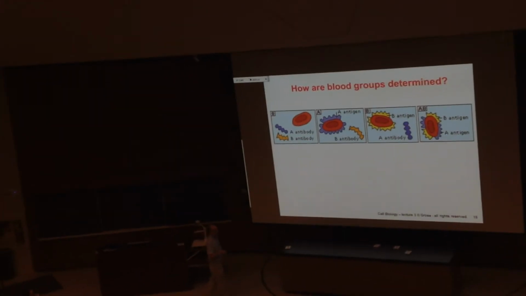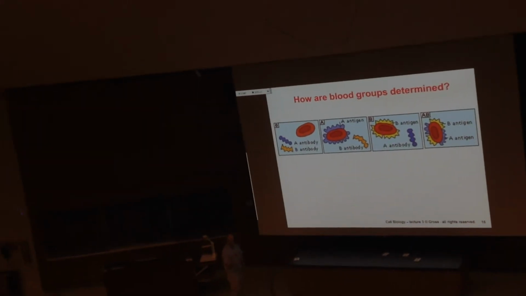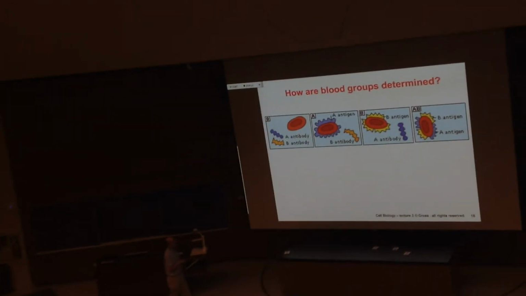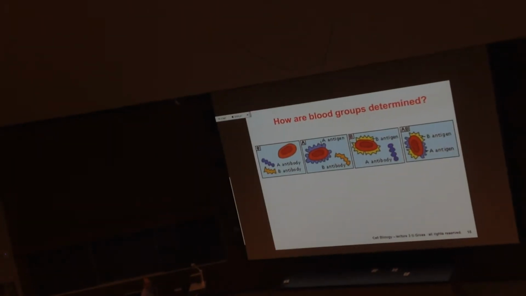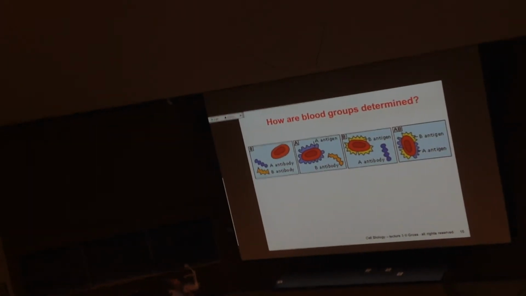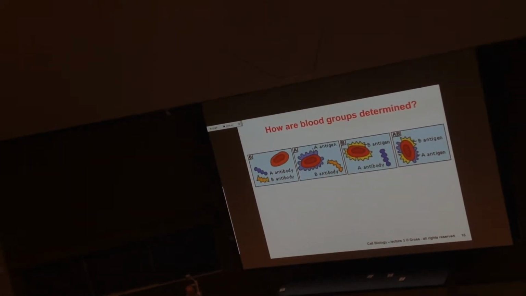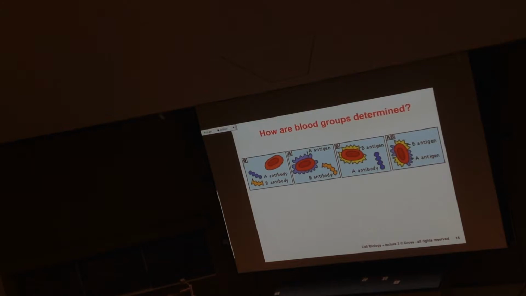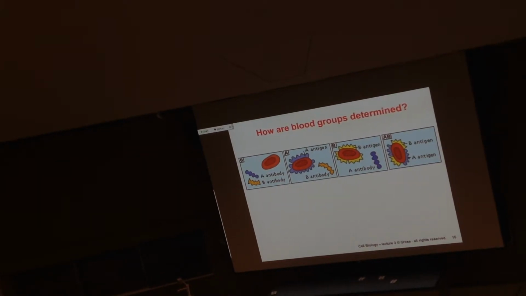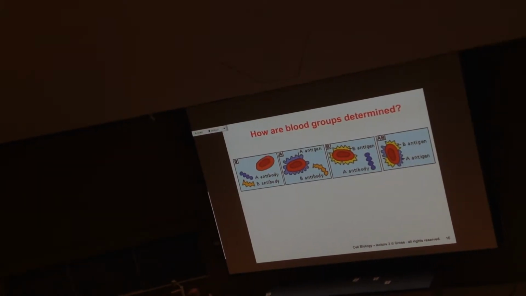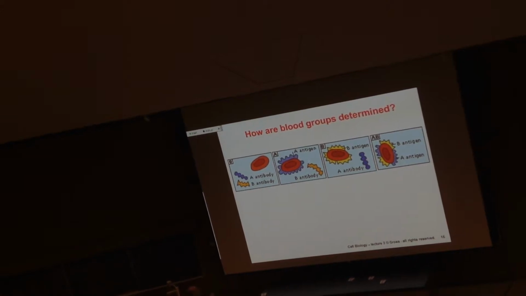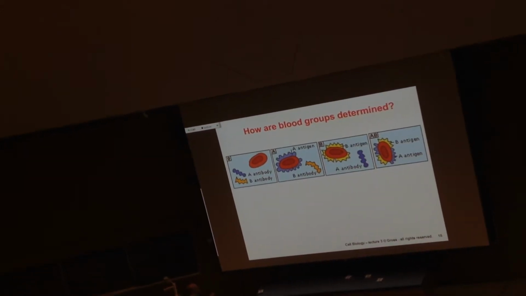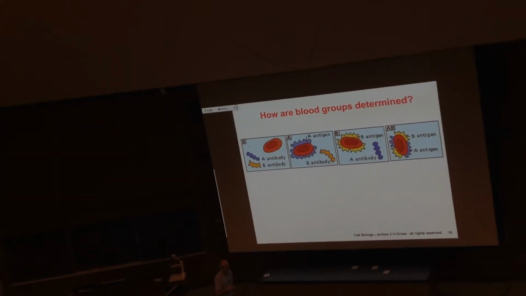And so they figured out in the 20s or 30s that what caused these very severe reactions was that there were actually 4 different types of blood. There was some blood that basically didn't have any antigens on its surface, and there was some blood that had A antigens and some blood that had B antigens and some blood that had both.